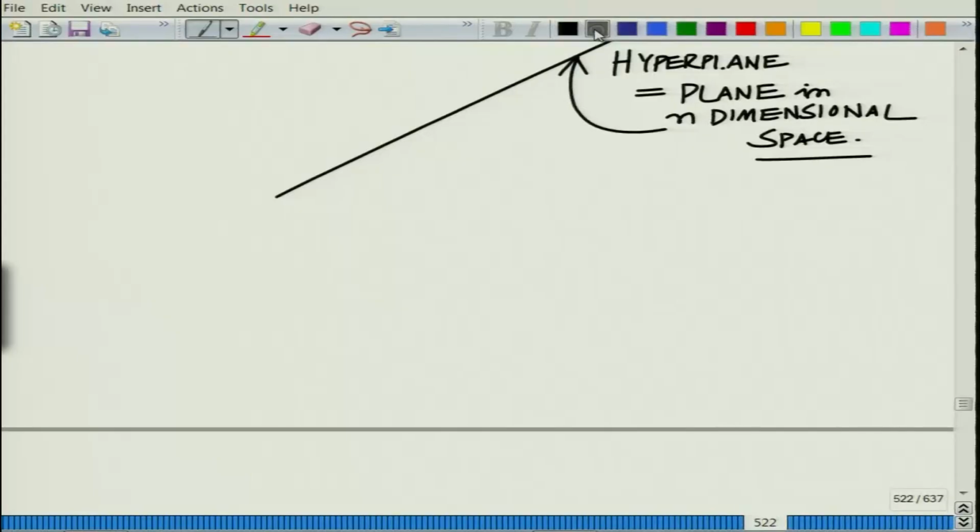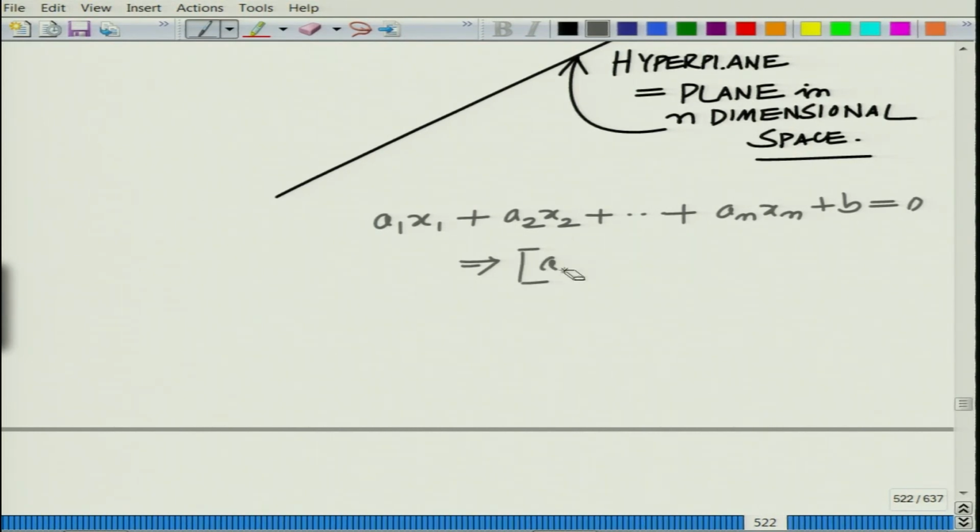If you have an n dimensional hyperplane, it is characterized by a1 x1 plus a2 x2 plus so on up to an xn plus b equal to 0.